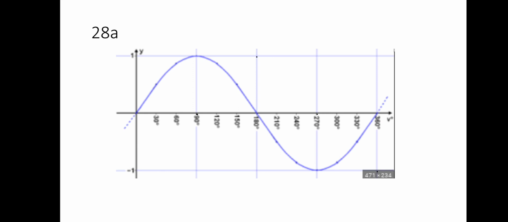Because this is y equals cosine (x minus 90), the minus 90 means this would be a translation of 90 degrees to the right. Because it's a minus, it's a positive movement towards the right. So this is what the graph would look like.